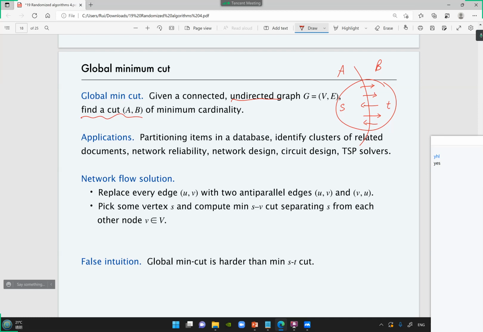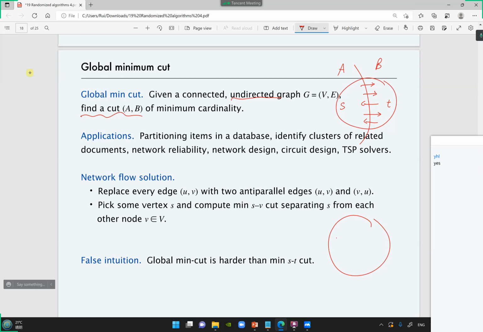We're going to try to solve this problem, and one way that you can solve it is to just use an ST cut algorithm to solve global min cut, because we looked at a bunch of algorithms to solve ST cut, and we can try to apply those algorithms. So if you're given a graph and you want to find the global min cut, you can just pick any node to be your S node.